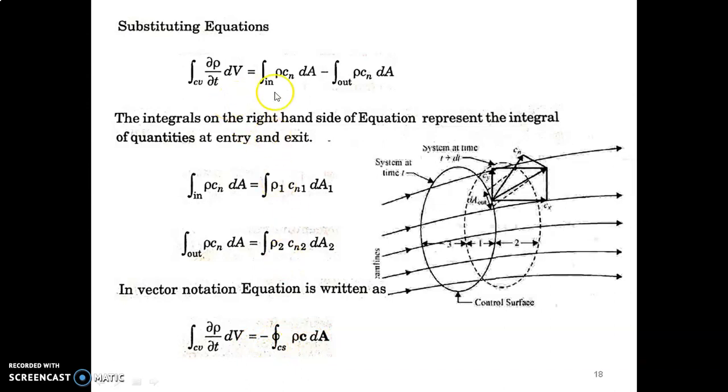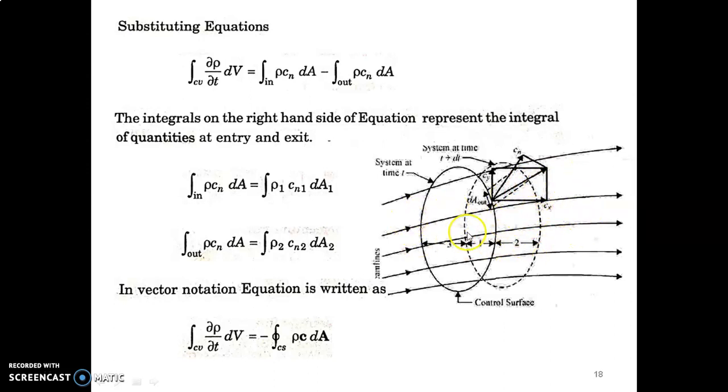In this expression, the right hand side is actually a difference between the inflow and outflow. In vector notation, when the direction of the flow is considered, the positive value will always be the difference between the final state and the initial state.